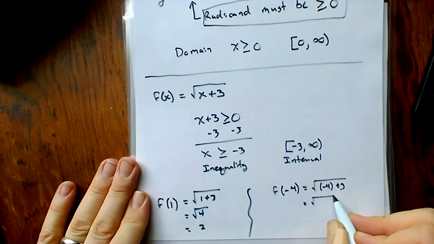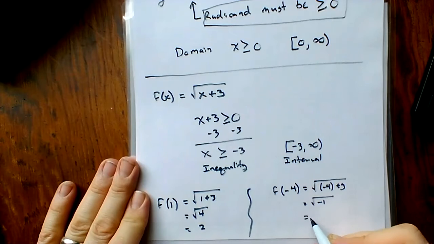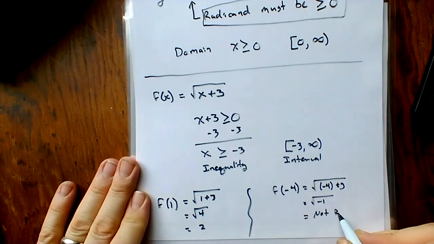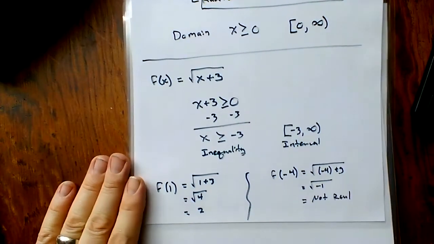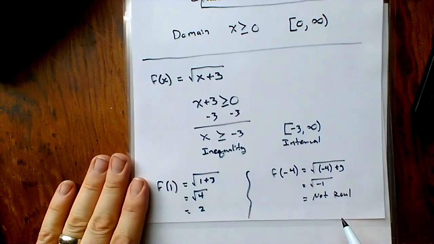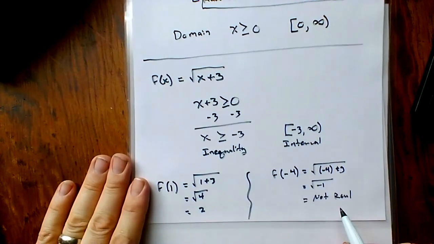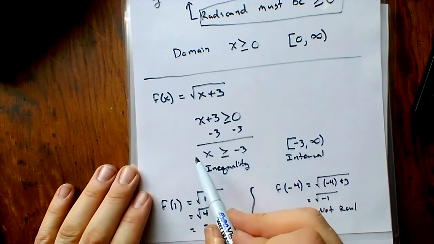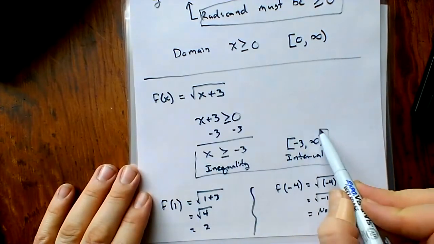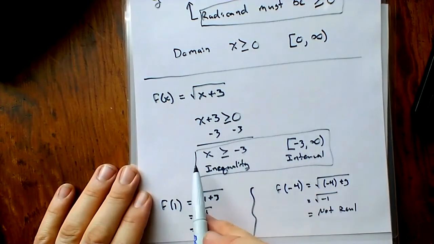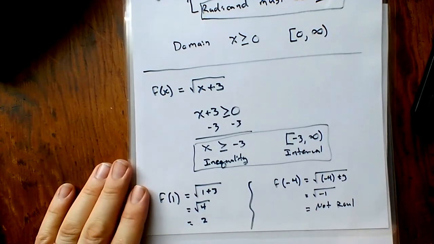That would be the square root of negative 1, and sure enough, that's not real. So this is not going to be part of our domain. So here, our domain is x is greater than or equal to negative 3.